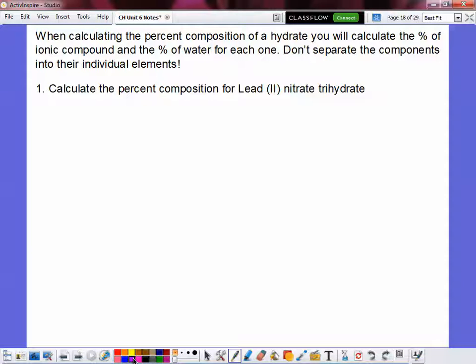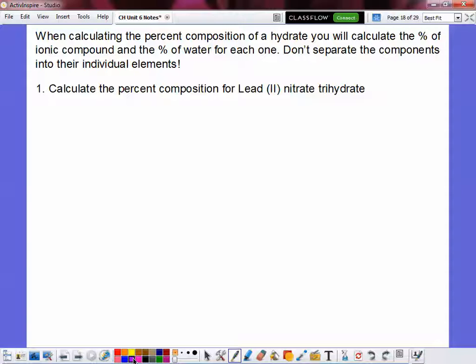You are not going to separate it out into the individual elements like you did with regular percent composition. Hydrates are actually a little bit easier because you're only going to find 2 percentages. The process is the same though: first write the chemical formula, then calculate the entire molar mass, and then do your math, okay?